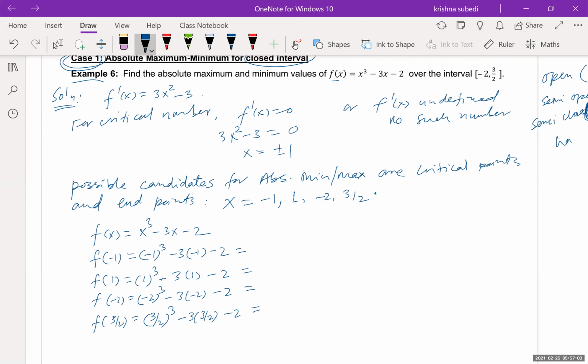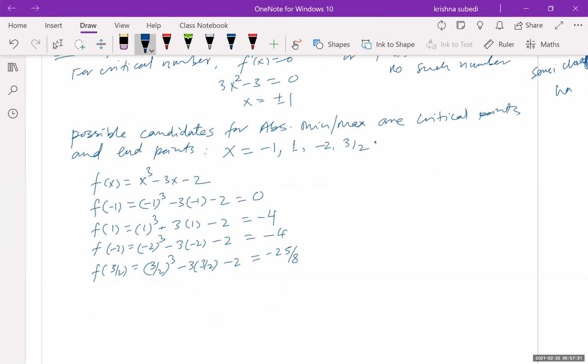If you work it out, you will find that f of -1 is 0. Then f of 1 is -4. f of -2 is also -4, and f of 3/2 is -25/8. Now all you need to do is compare which one is the maximum and which one is the minimum. So we have 0, -4, and -25/8.